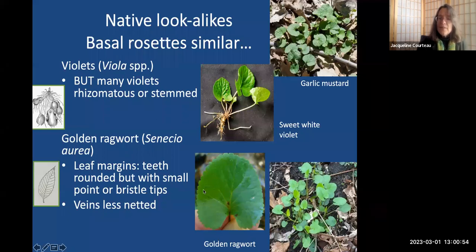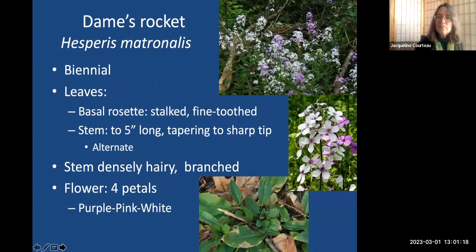So the leaf margins can be toothed in the same way, but they come to little bitty tips, which is really distinctive on Senecio. And overall, the veins are less netted. Look at garlic mustard, a really distinctive network of veins on the leaf, and much less so on the Senecio.